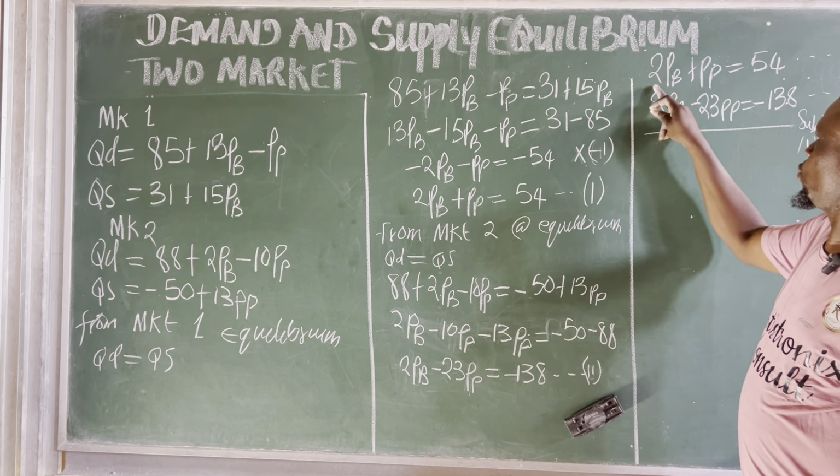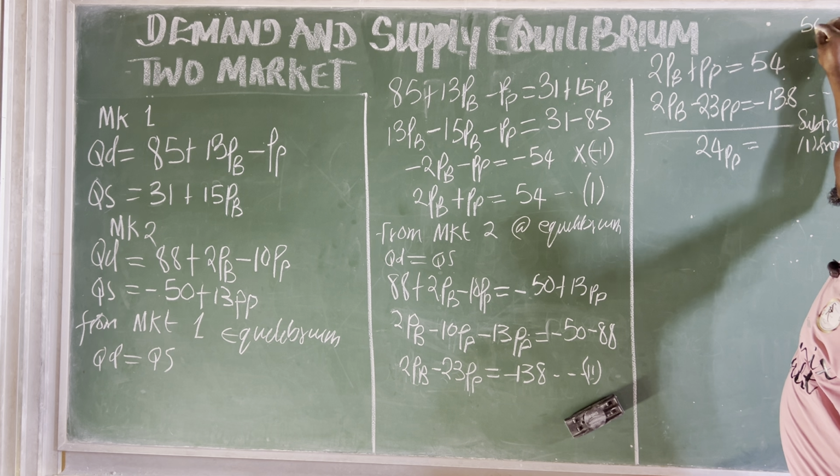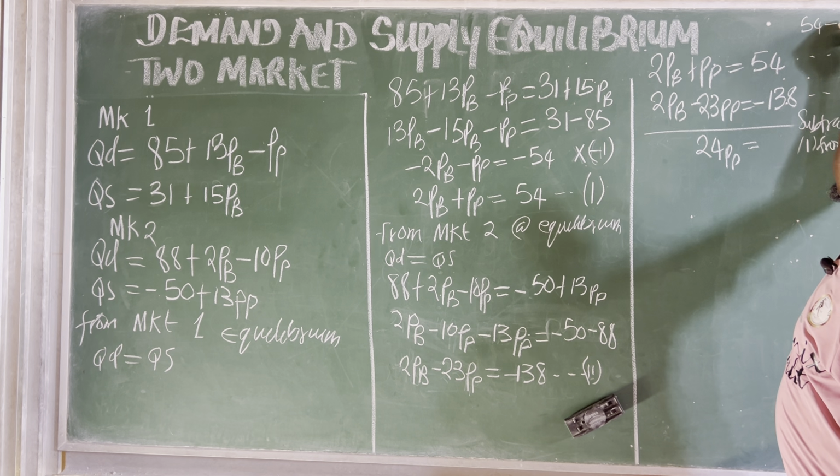Now, PP minus minus 23 PP will be plus, so we'll have 24 PP. And that will be equal to 54 minus, and we have minus 138, which will be 54 plus 138.